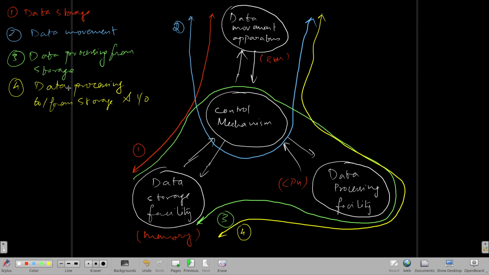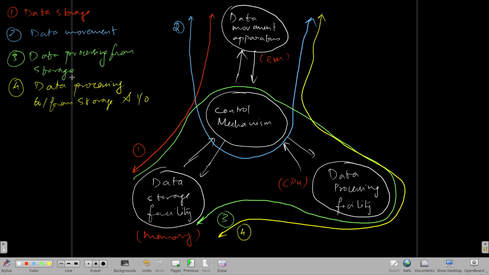So in this you can see that some sort of data movement is always happening, right? And that data movement can be from an input output device, it can be from the storage, it can just be some data movement. There may be some processing, there may not be some processing, but almost always some sort of data movement is happening.